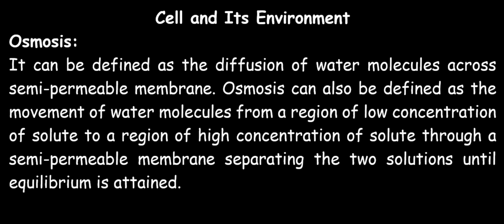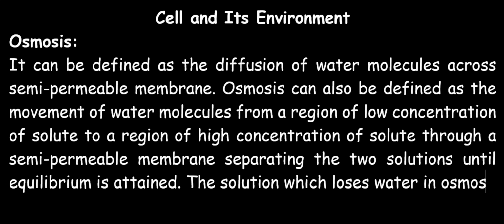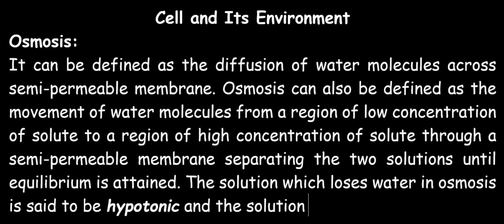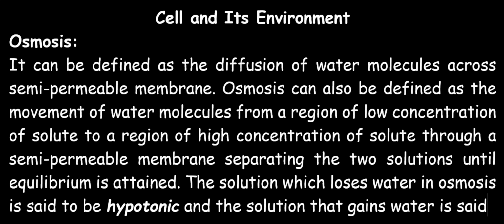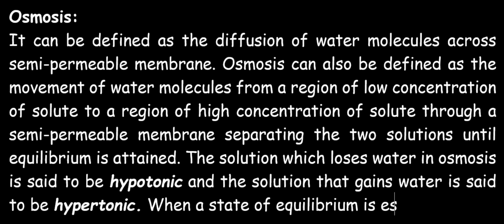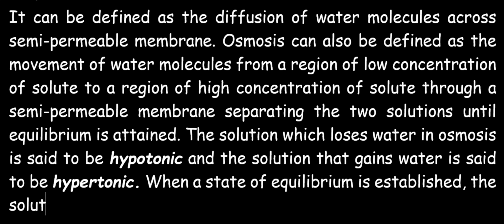The solution which loses water in osmosis is said to be hypotonic, and the solution that gains water is said to be hypertonic. But when a state of equilibrium is established, the solution is said to be isotonic.